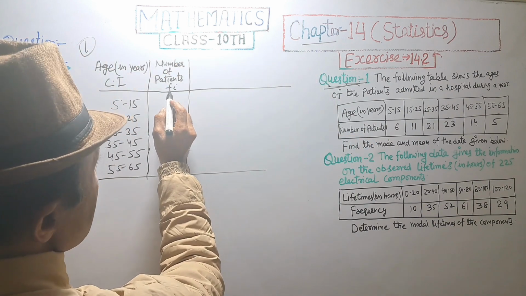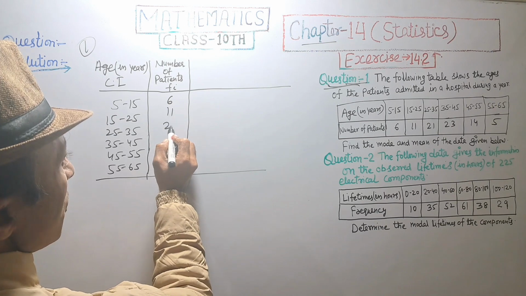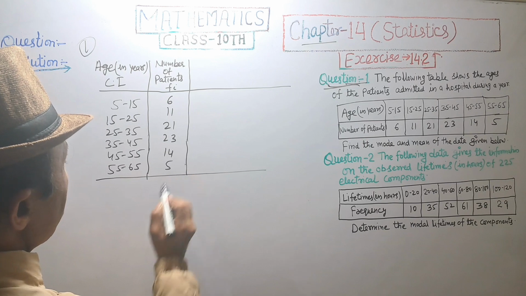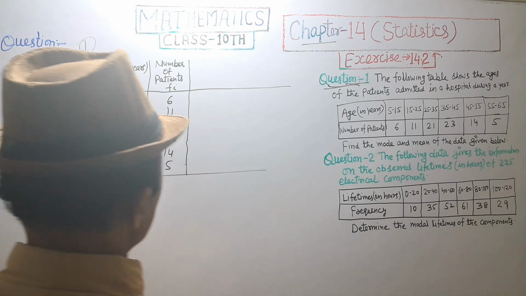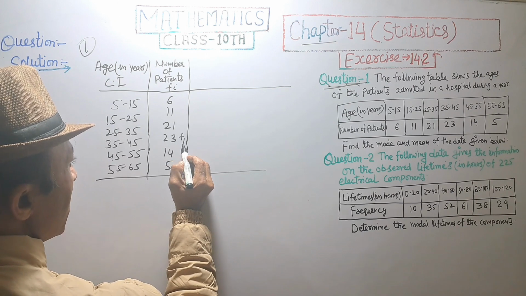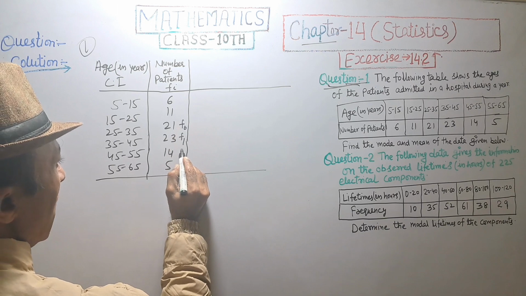Number of patients, that is frequency, given 6, 11, 21, 23, 14 and 5. The largest number in frequency is F1, and then F0 and F2.